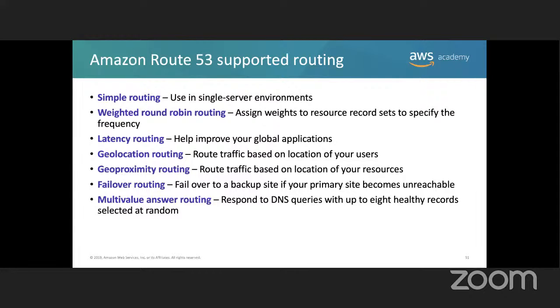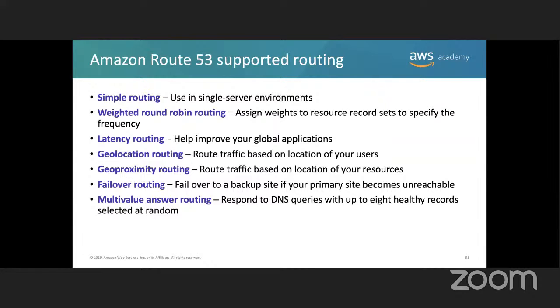You use this when you want Route 53 to respond to DNS queries, and then you can configure Amazon Route 53 to return multiple values, such as IP addresses for your web servers, in response to DNS queries. So you can specify multiple values for almost any record.